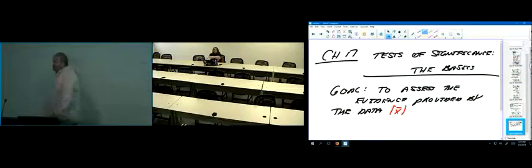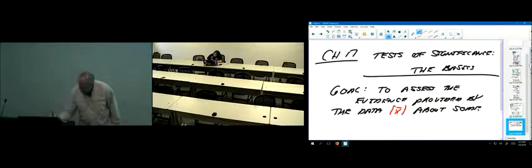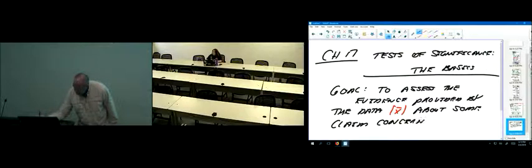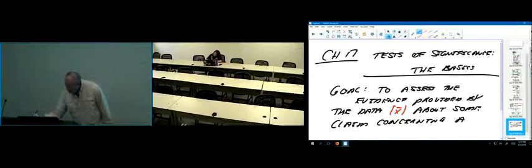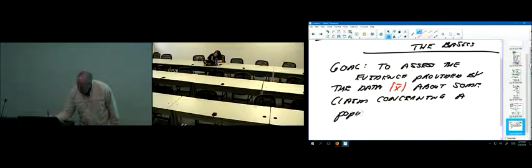Well, what are we going to do with the data? We're going to calculate an X bar, right? So to assess the evidence provided by the data, by your X bar, by your statistic, about some claim concerning a population parameter.